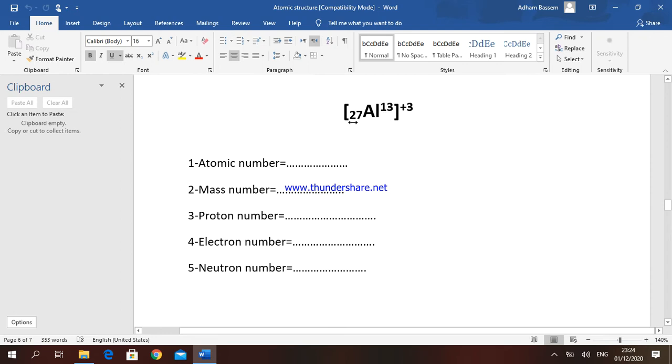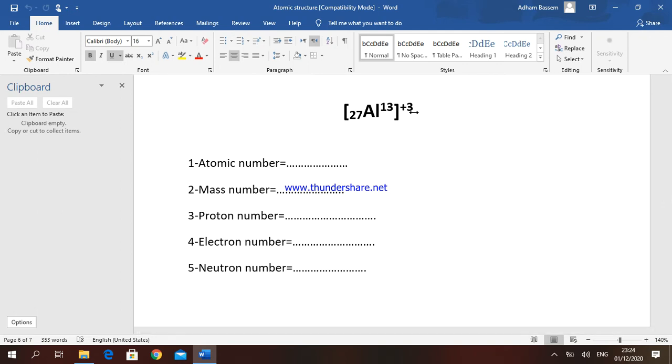When the aluminium atom during a chemical reaction loses 3 electrons, it changes into an aluminium positive ion. The aluminium positive ion carries 3 positive charges. That refers to the aluminium atom losing 3 electrons.